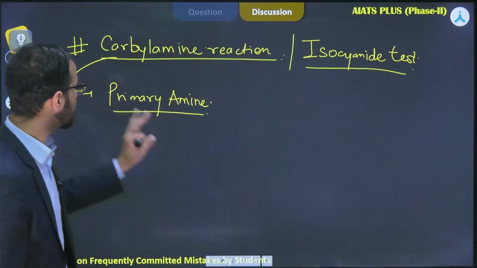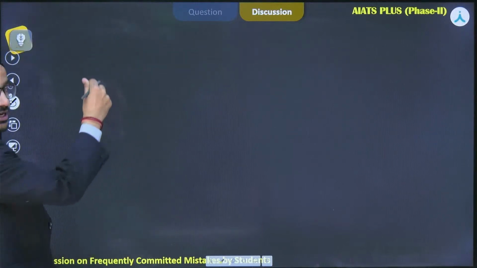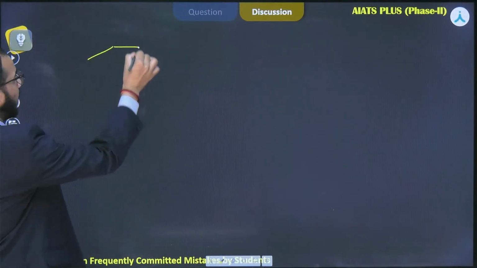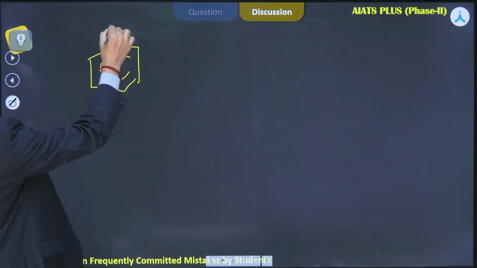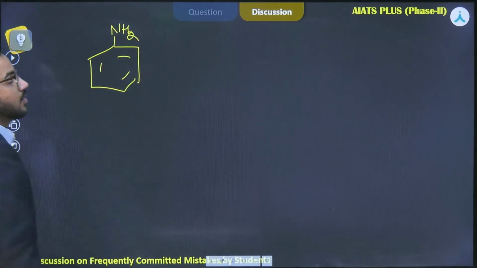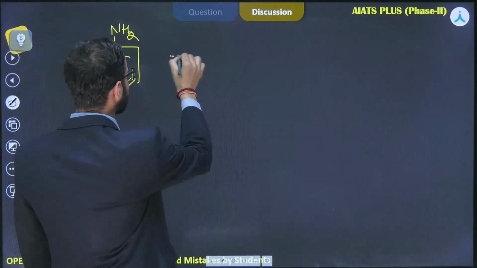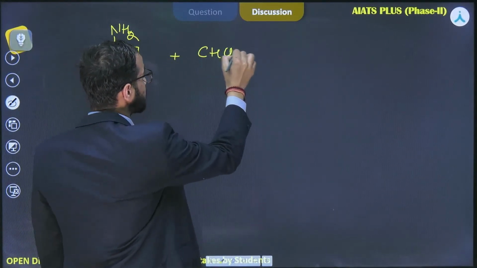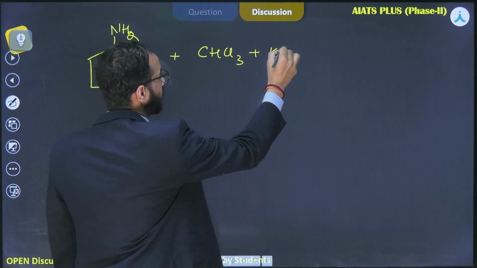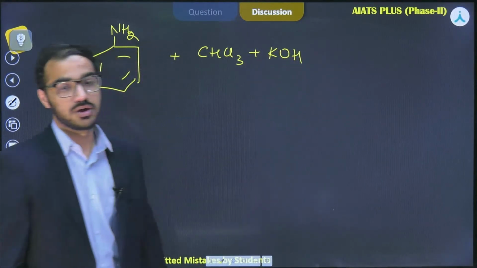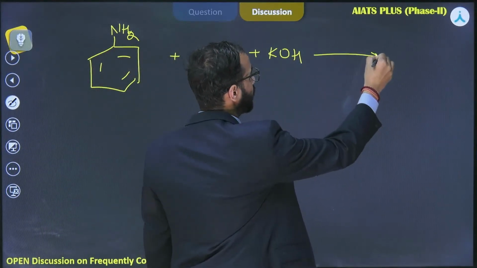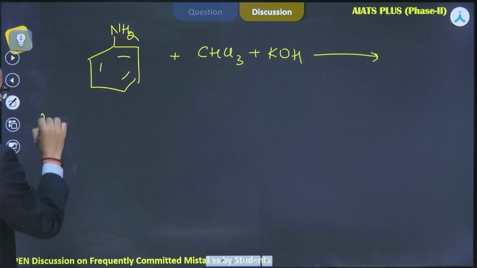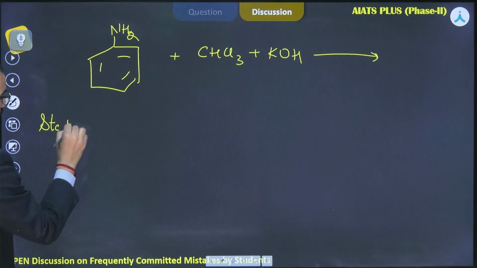Only primary amines will give it. So in this part, let us take an example: you will be having aniline, an aromatic primary amine, and you are reacting with CHCl3 in the presence of KOH. The very first and foremost step, we can go with in a stepwise manner. Step 1.